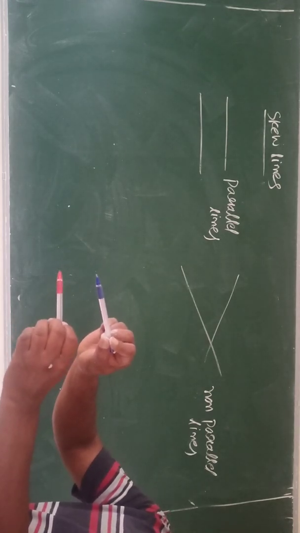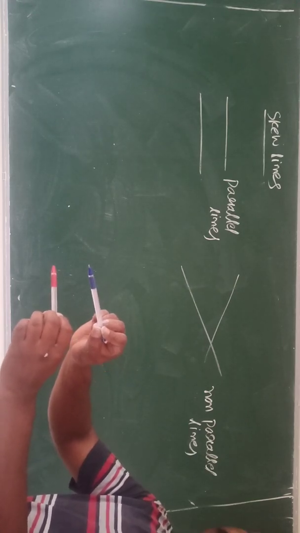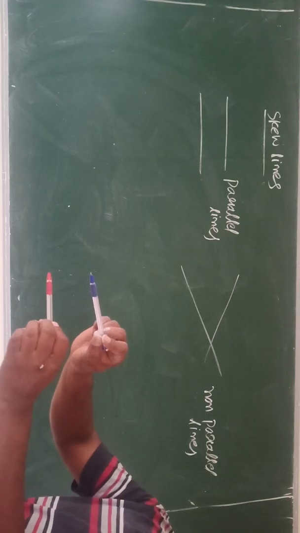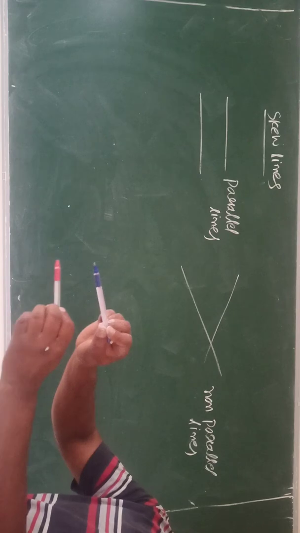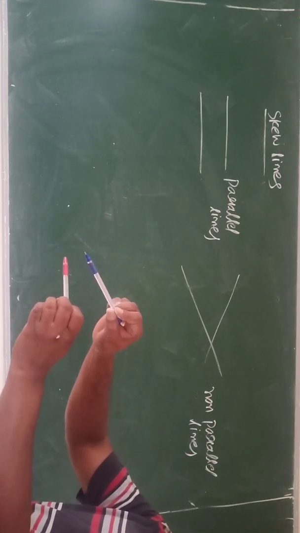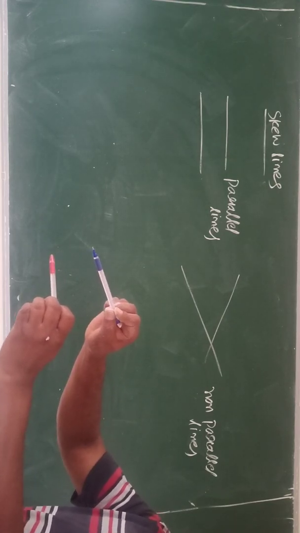This type of lines are called skew lines. Space lines which are neither parallel nor intersect are called skew lines.